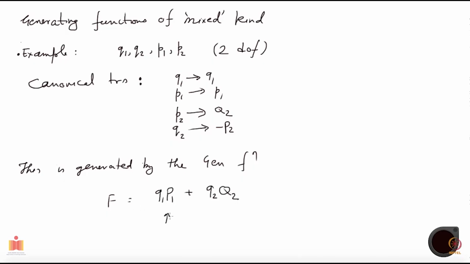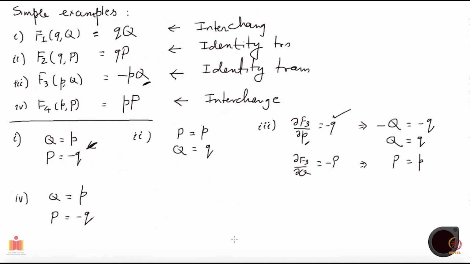So this one is of kind f2 and this one is of kind f1, and let's see whether this will work. Here f2 is qp, and if you choose f2 to be qp, it does an identity transformation.